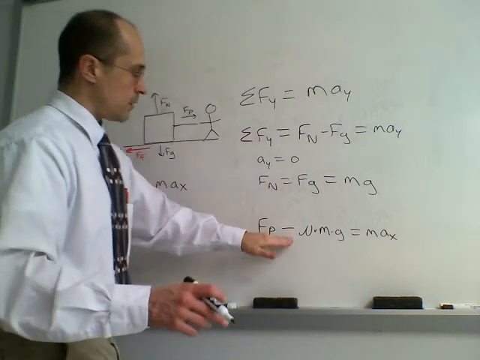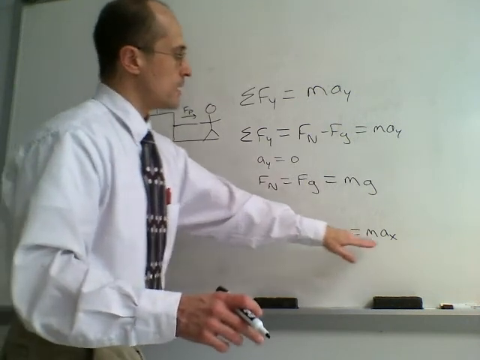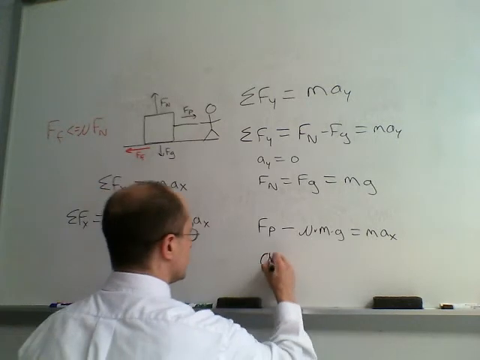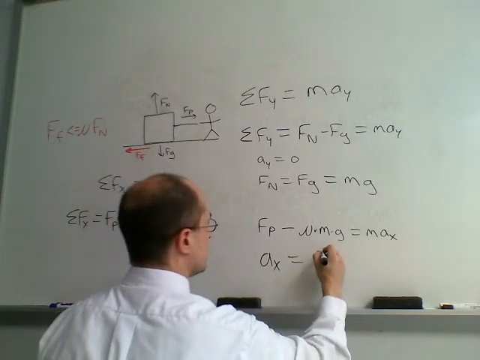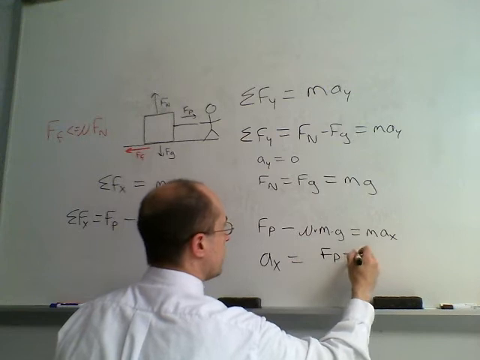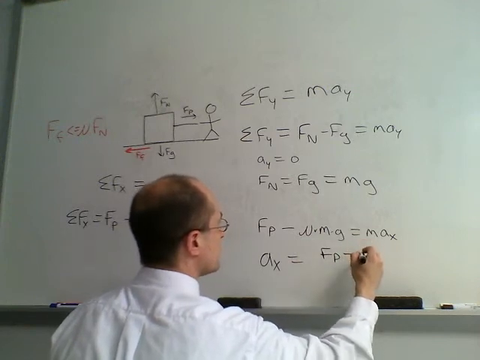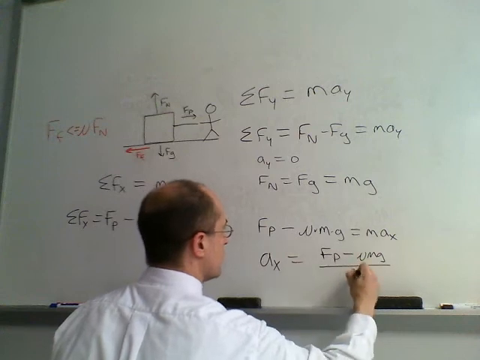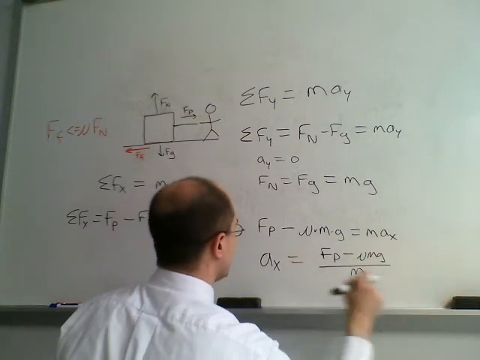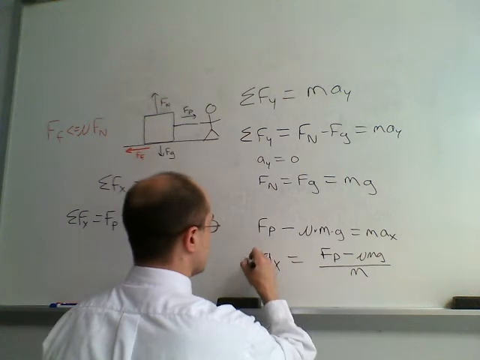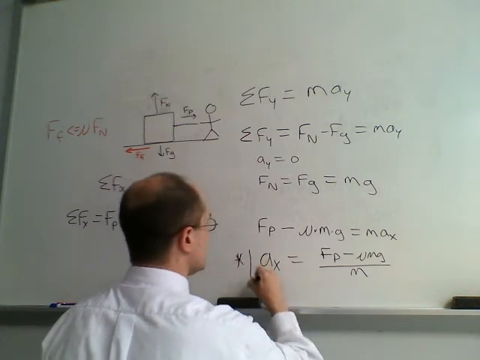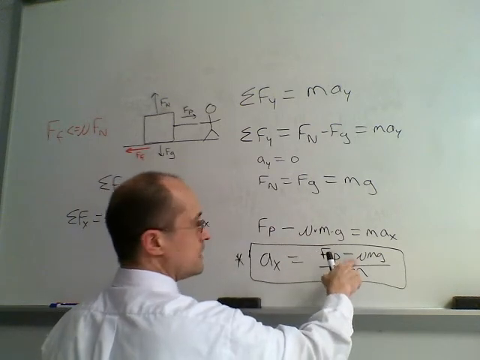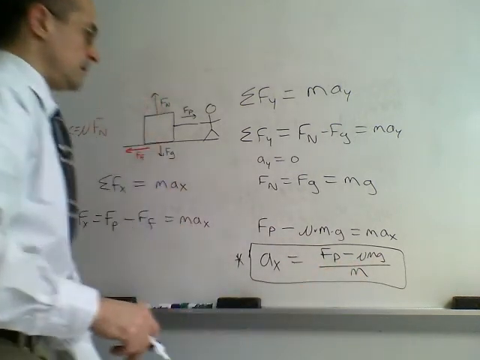But if Fp is larger than this number, then the box experiences an acceleration, and the acceleration ax is going to be Fp minus mu mg over the mass of the object. So the idea is that we'll experience an acceleration if Fp is larger than mu mg.